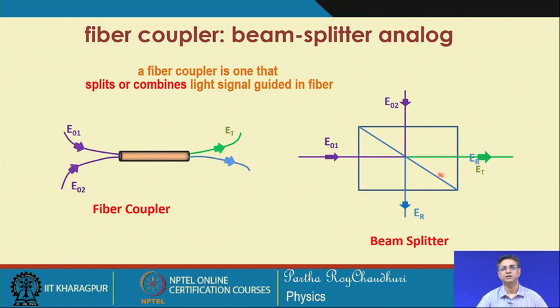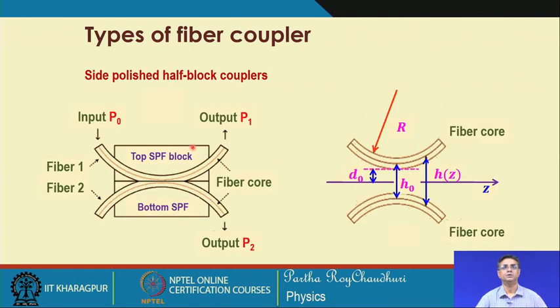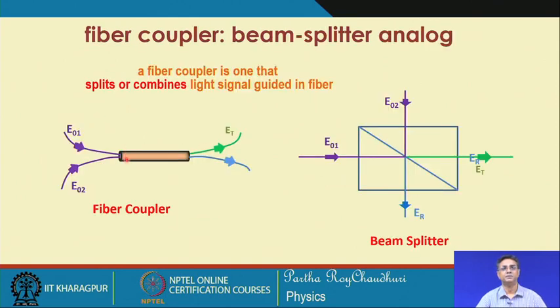So, we see a very close similarity in the principle to a beam splitter, but the advantage is that the light is guided in the form of a mode of an optical fiber, and it does not require any alignment; once you have coupled light, everything is automatically done.